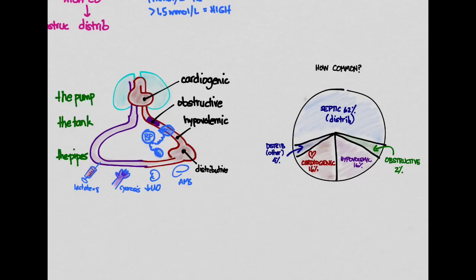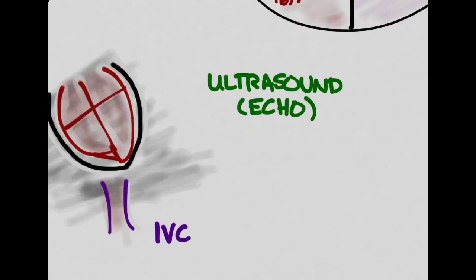But it might not be easy to tell which one you have. Is it cardiogenic, obstructive, hypovolemic, or distributive? Probably it's septic, but it might not be. And a really good way to do it is to do echocardiography. And so I'll enlist one of my ultrasound friends to help us with a video on that.